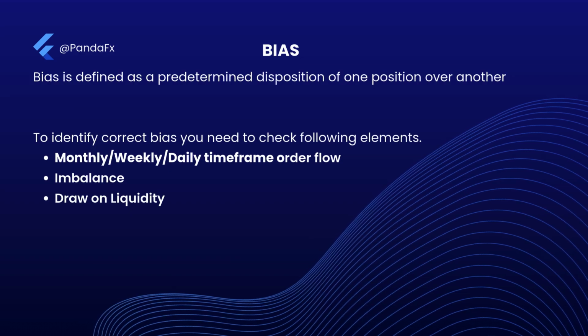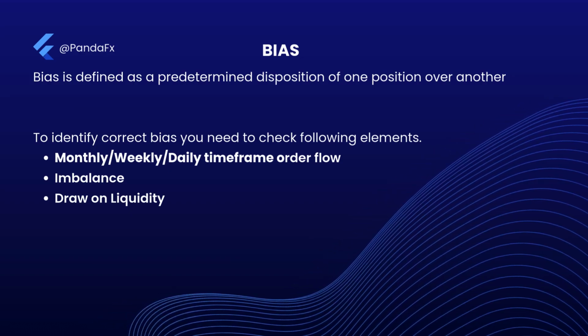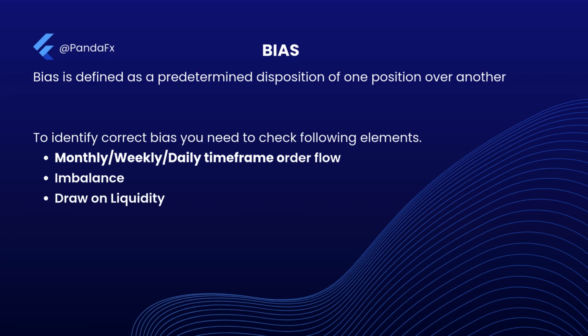Going now into bias, which is one of the cornerstones of what you'll be learning. Bias is defined as a predetermined disposition of one position over another. That means you can have a predetermined disposition on a particular trading day, trading week, or trading month, thinking, okay, in this particular trading month, due to price trying to seek this particular liquidity point, or offer fair value, or rebalance an imbalance, we can see order flow going in this direction.